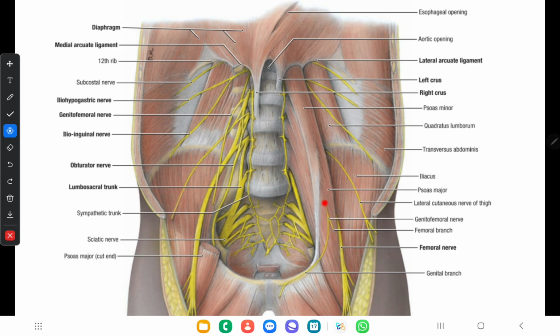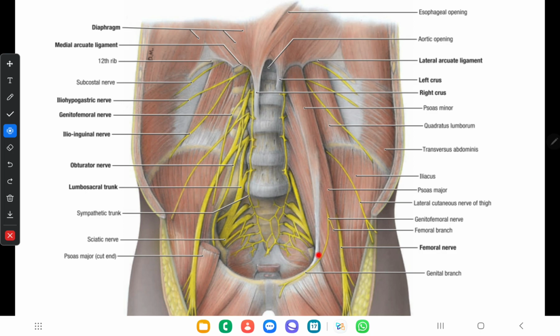You can see it divides into two branches, the femoral branch and the genital branch. Here this is the genital branch, this is the femoral branch. The genital branch enters into the spermatic cord and supplies the cremaster muscle, and the femoral branch supplies a small area of the skin of the thigh.